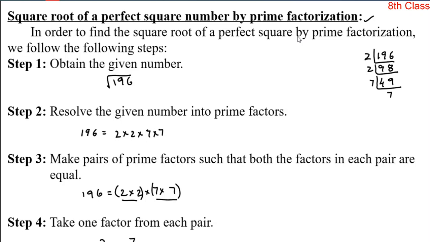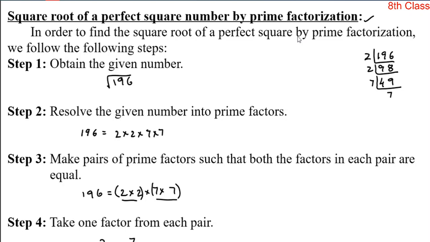By applying this method, we easily find the square root of a perfect square number. In case you have large numbers, that means a 6-digit, 8-digit, or 9-digit perfect square number, the method of finding the square roots by prime factorization becomes very lengthy and difficult.